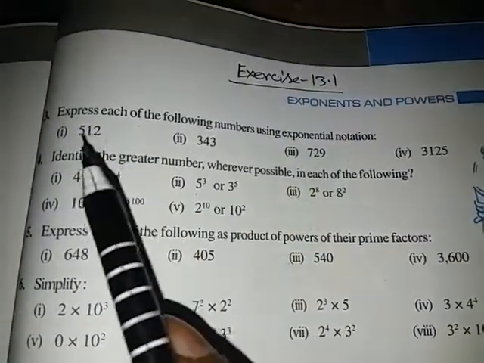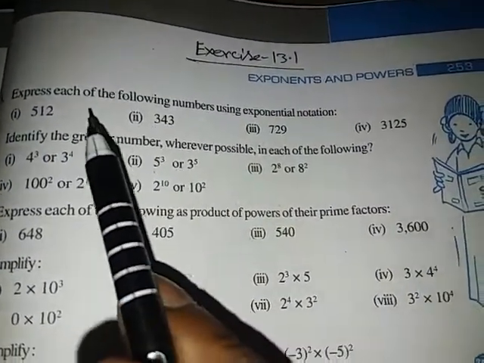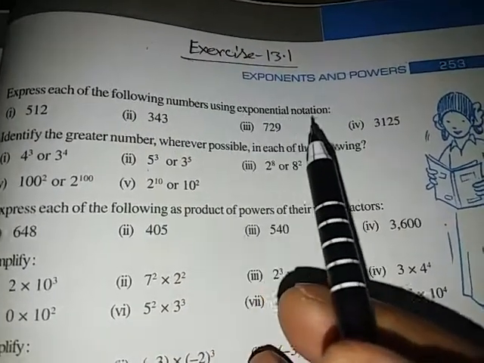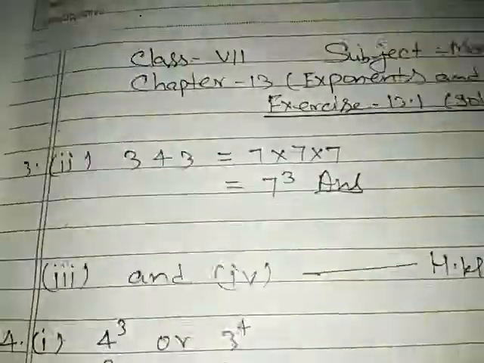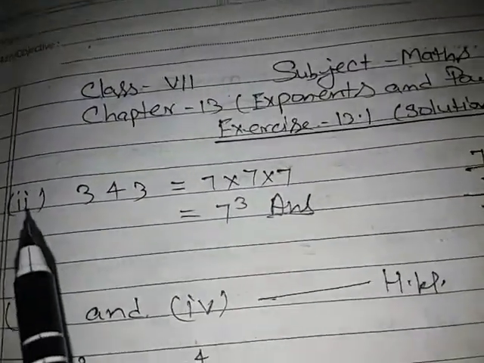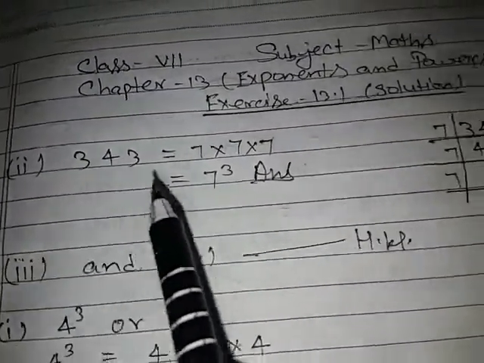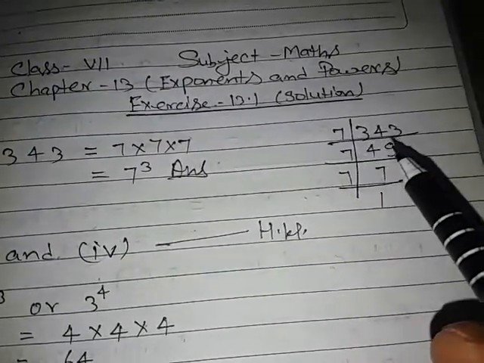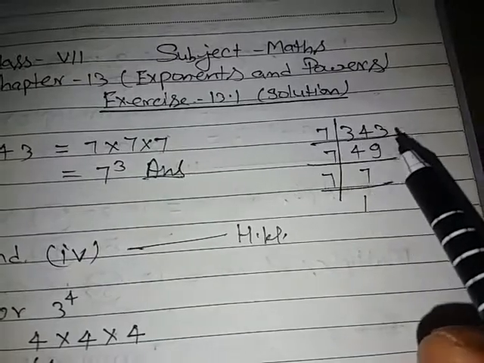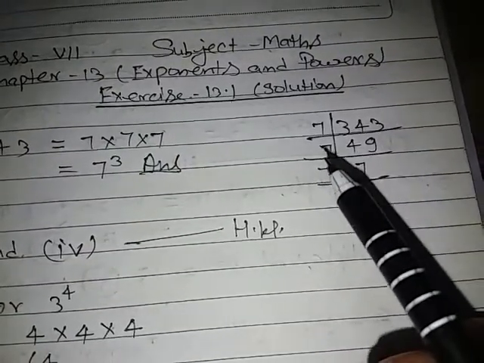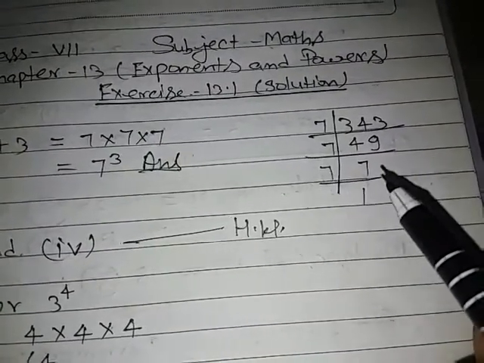Part 2 of question number 3, express each of the following numbers using exponential notation: 343. Solution of part 2 of question number 3. First of all, find the prime factorization of 343. 7 fours are 28, 7 nines are 63, 7 sevens are 49, 7 ones are 7.